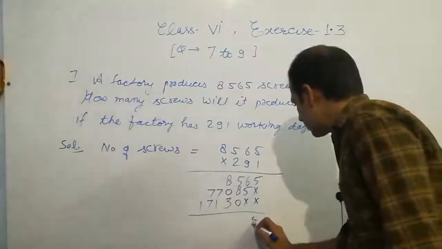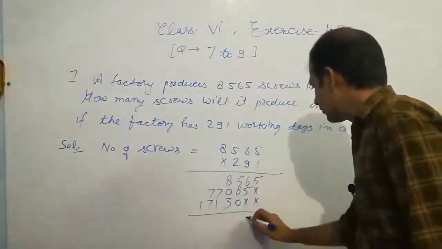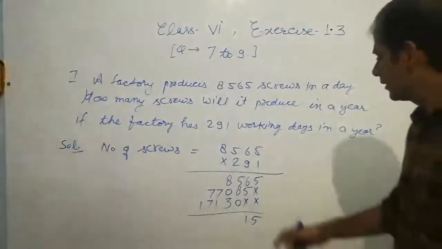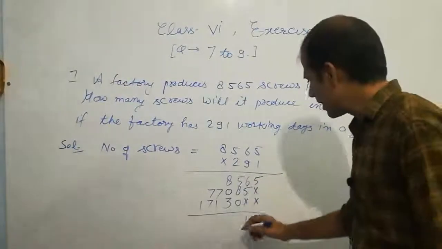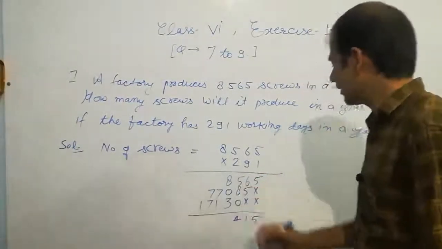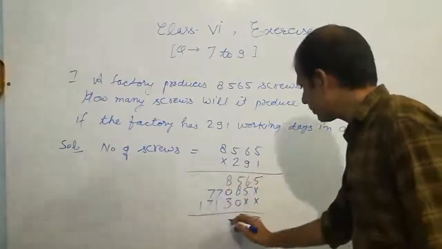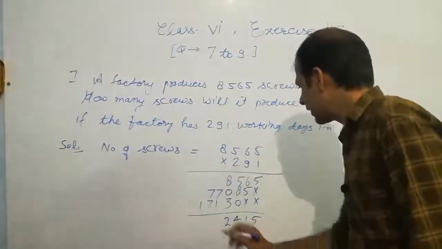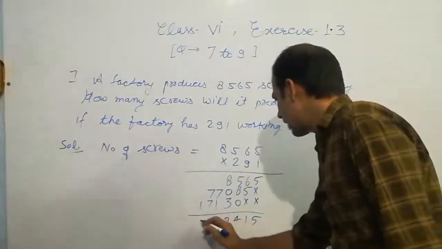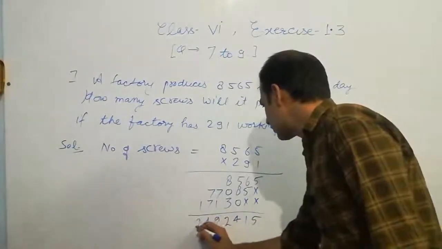So it is 5, 6 plus 5, 11, 1 carry, 5 1 6 and plus 8, 14, 1 carry, 8 1 9 plus 3, 12, again 1 carry, it is 9 and it is 2.